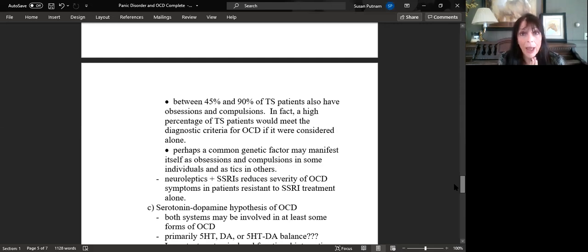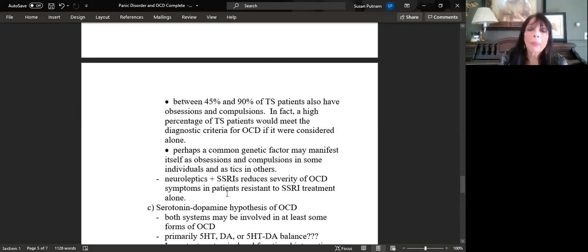Neuroleptics, remember? Oh, that's another thing. Neuroleptics block, decrease dopamine activity. And depending on whether they're typical, conventional, or atypical, it can hit all of the dopamine pathways or selectively one dopamine pathway.